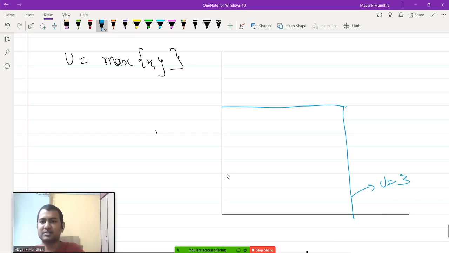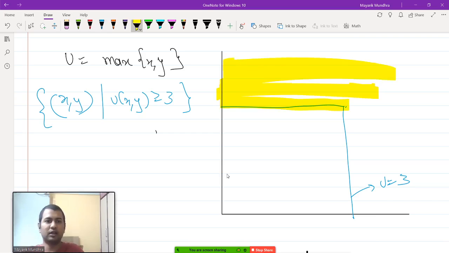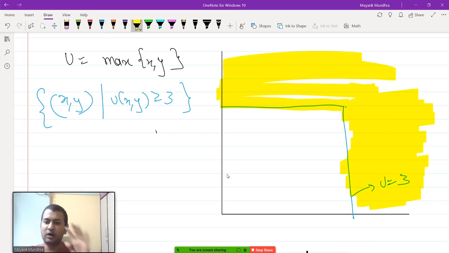What is the set x comma y such that utility at x comma y is greater than or equal to 3? So let me construct this set. This set will be basically everything above and to the right of this blue line. Okay, so now the entire preferred set is outside my utility level 3.